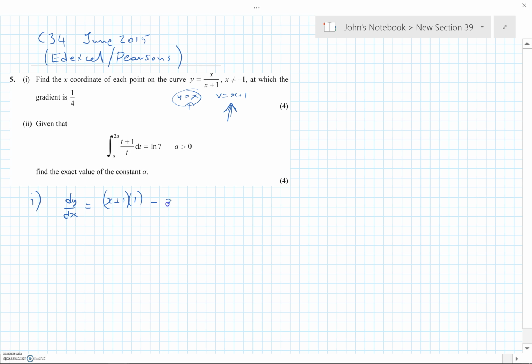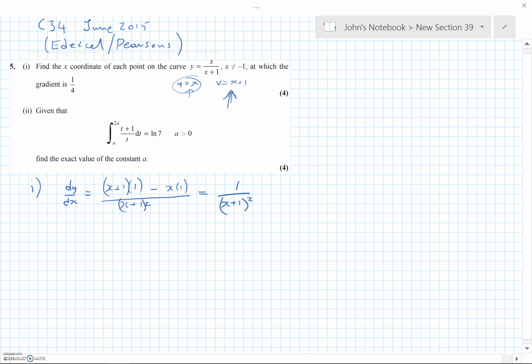So let's take away x times 1, all over (x plus 1) squared. Multiply out at the top and you end up with 1 over (x plus 1) squared. Okay, nice. So that's not a problem.